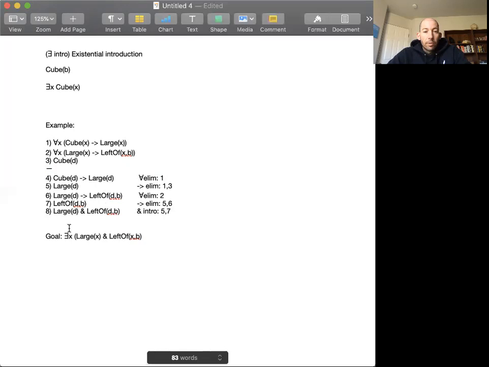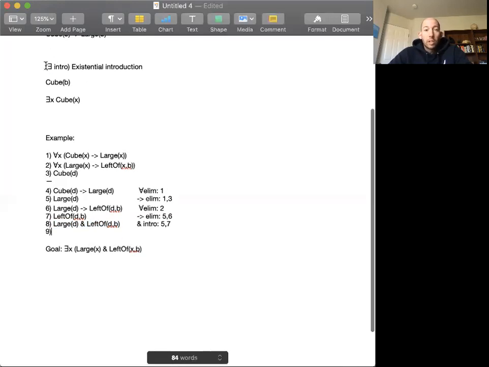Now that I have the form of this sentence, you should see the similarity between 8 and the goal. In the goal, I've replaced D with a variable x, because now I'm not saying specifically that D is large and left of B, but that there's just some object that is large and left of B. And so I'm going to use now the rule existential introduction to justify that step.